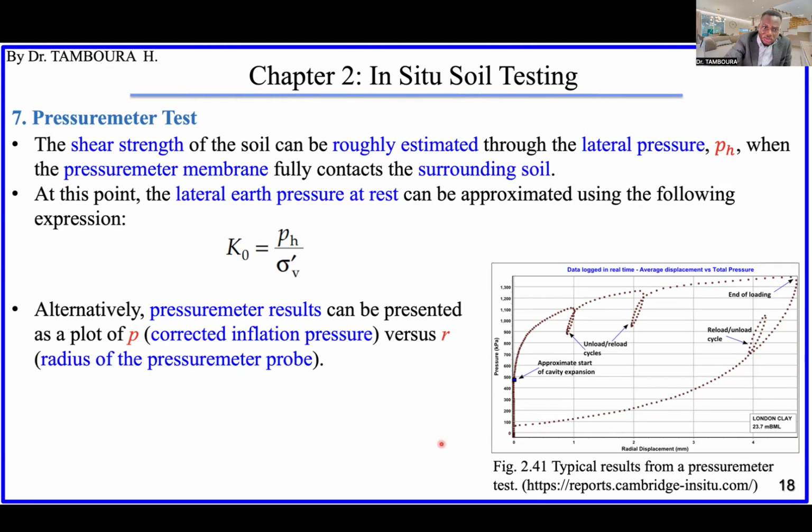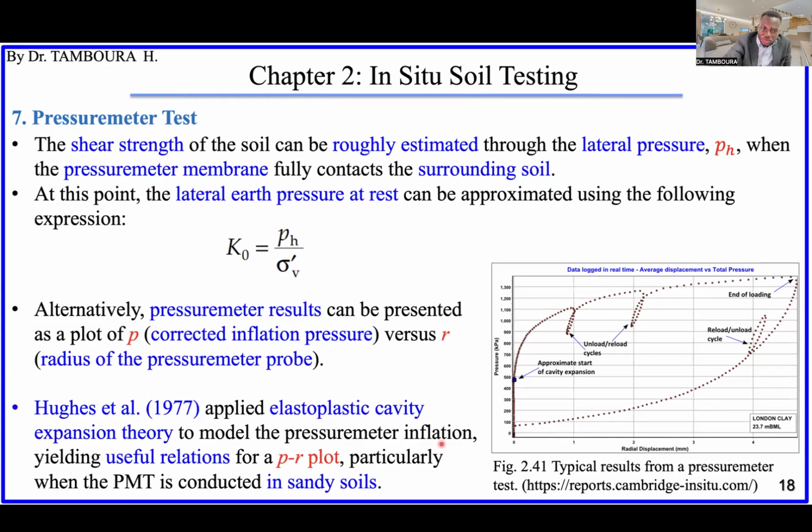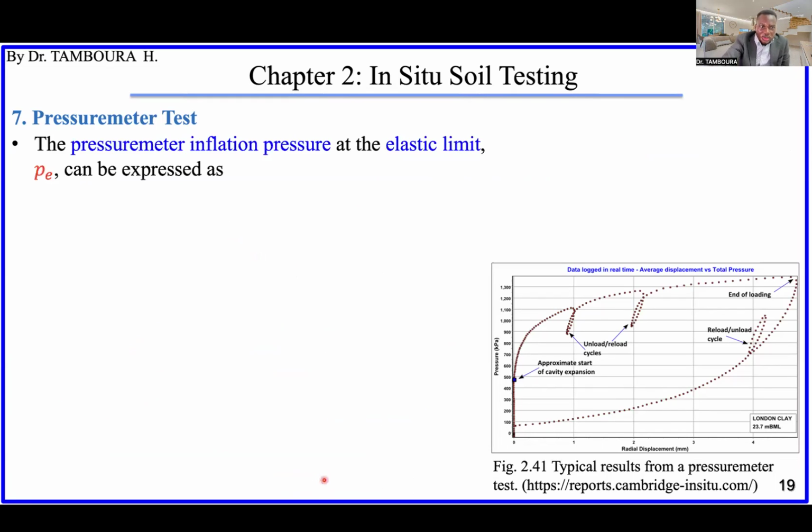Okay. So some references worked on this kind of relationship and obtained some useful relationships, especially when the pressuremeter test is conducted in sandy soil. They obtained this pressuremeter inflation pressure at the elastic limit, which is PE. Okay, we have explained what the elastic limit is here.